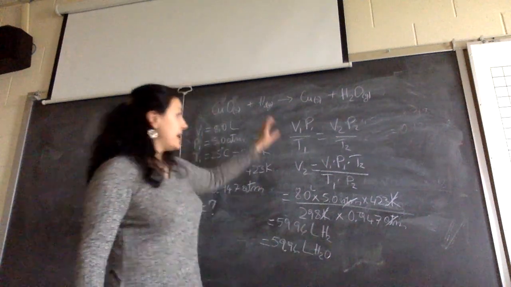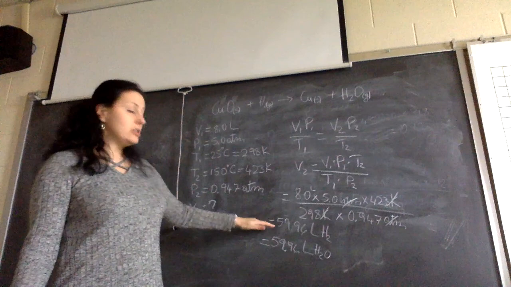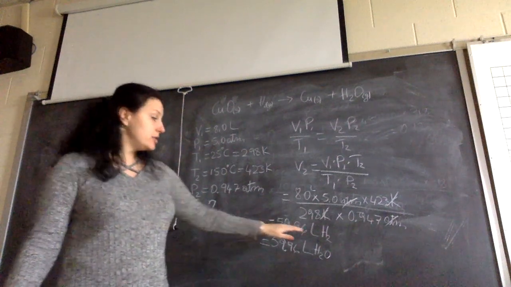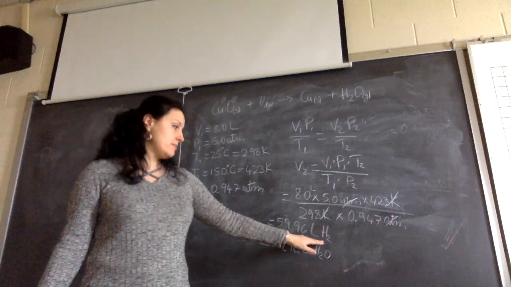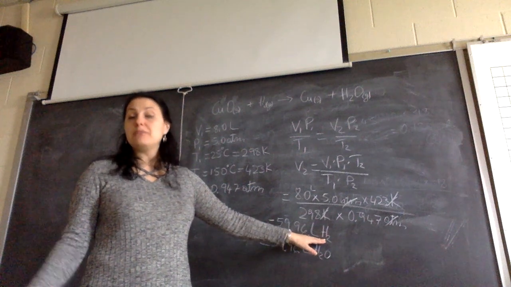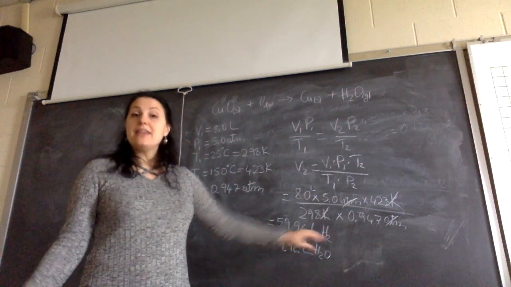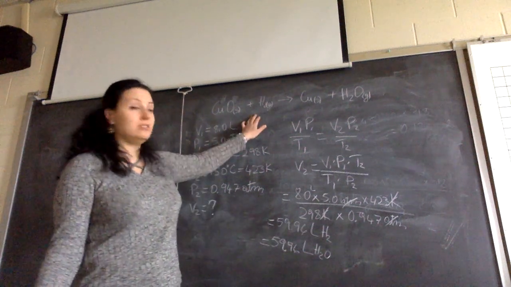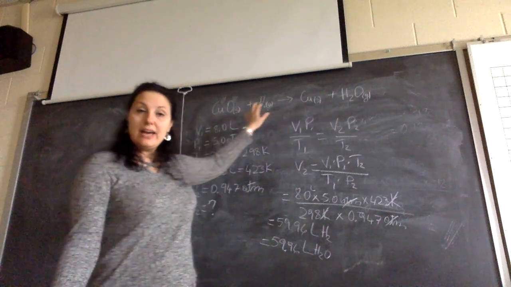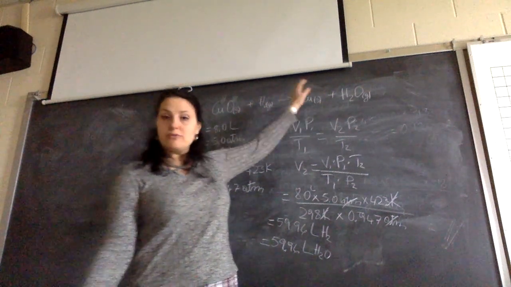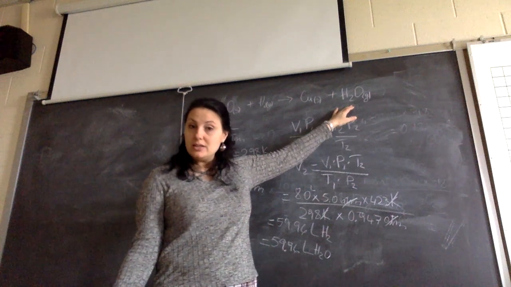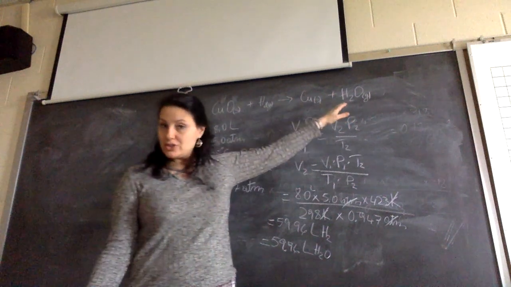If they had a different ratio, I would first take this volume, convert it to moles of hydrogen by using PV equals nRT, and then take moles of hydrogen, use the balanced chemical equation to convert it to moles of water. Let's say it was a 1-to-2 ratio.